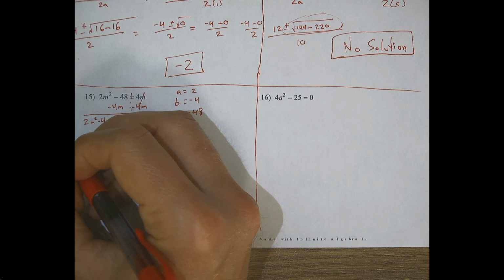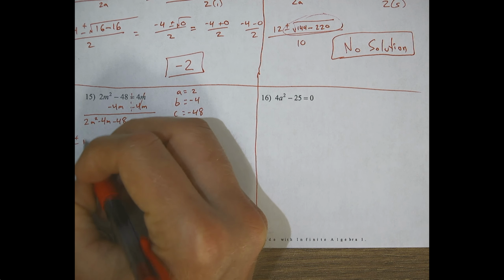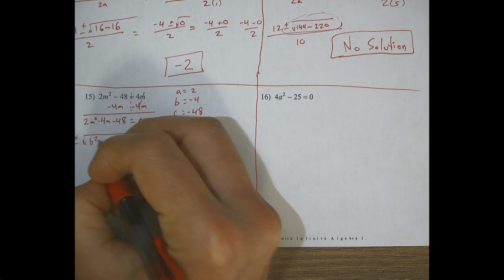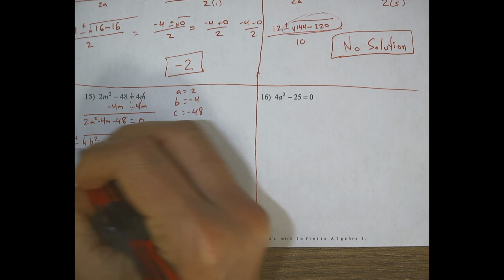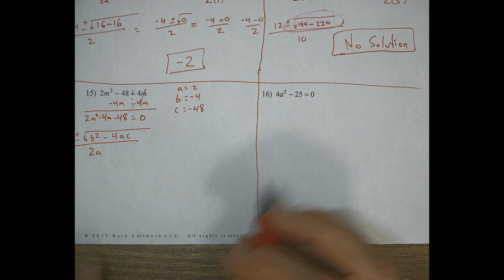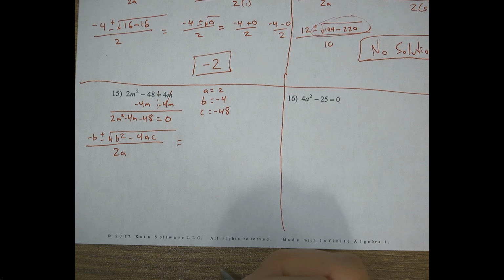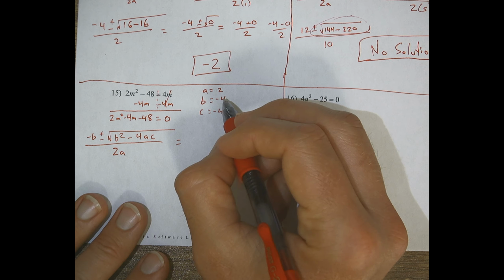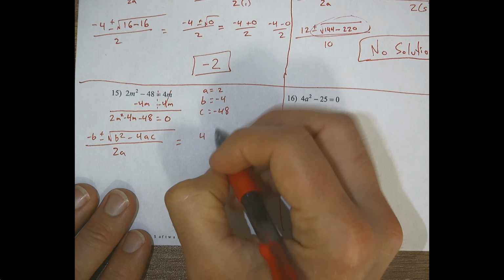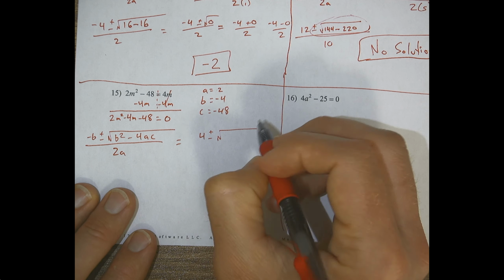Okay, quadratic formula, negative b plus or minus square root b squared minus 4ac over 2a. Can't get enough of that for memorization purposes. Okay, negative b, negative 4 becomes positive 4, plus or minus.